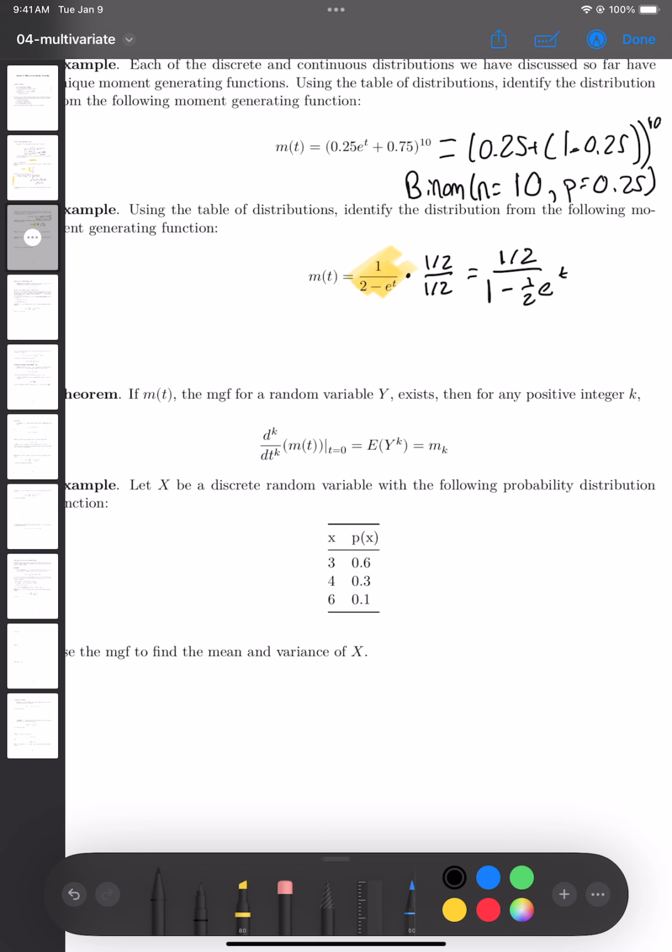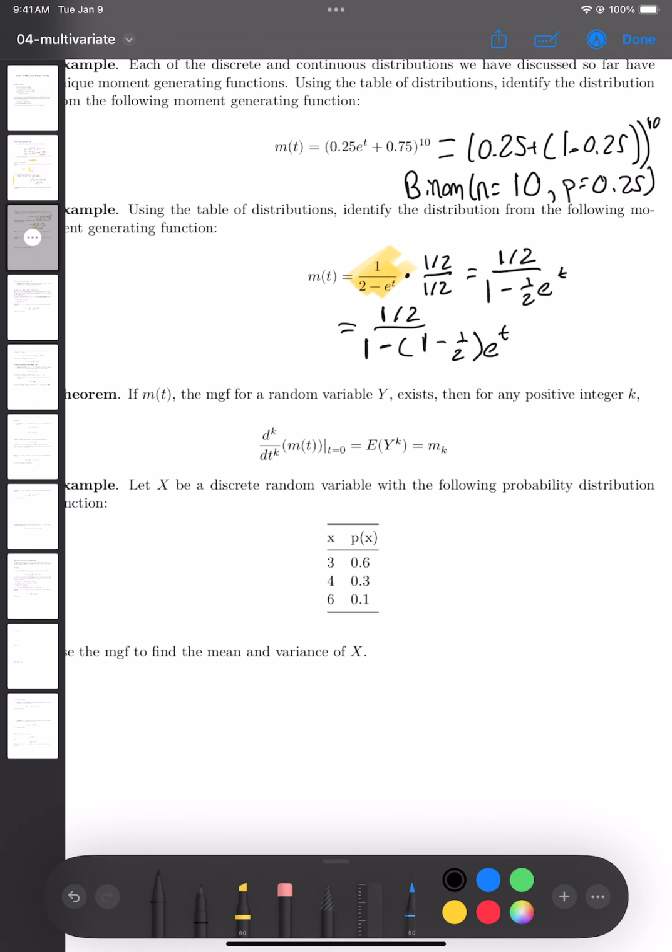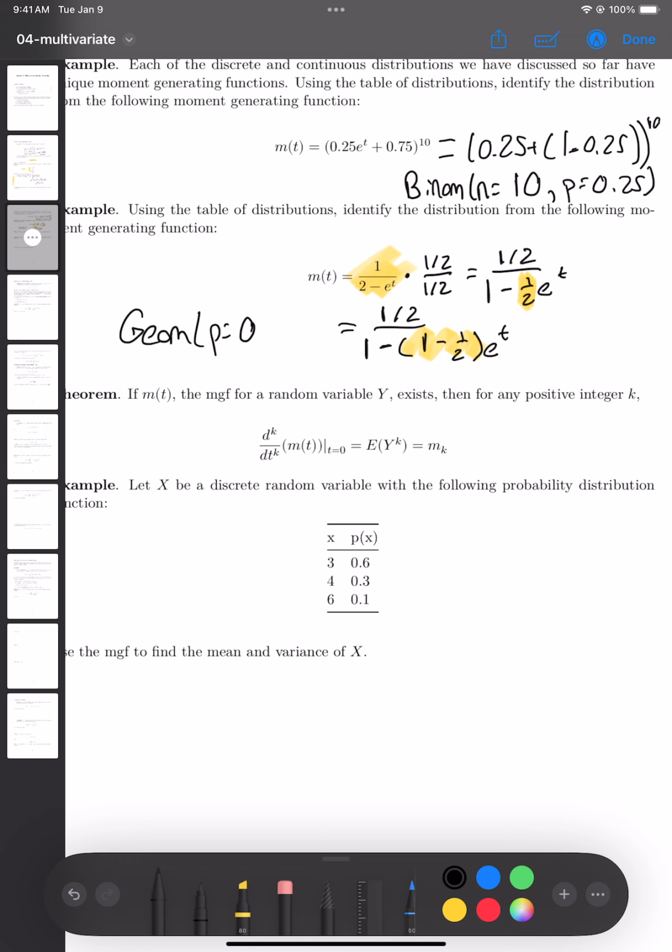It's still not exactly right, so I'm going to take this extra step, which is the exact same thing. I've just replaced this 1/2 part with 1 minus 1/2. And now it looks exactly like the MGF of a geometric random variable with p equals 1/2.